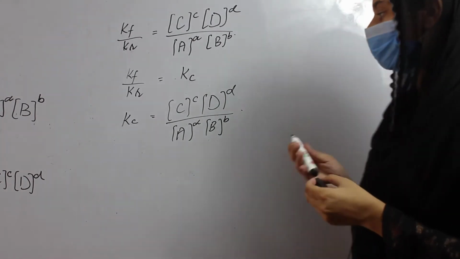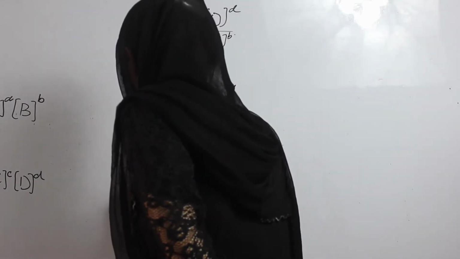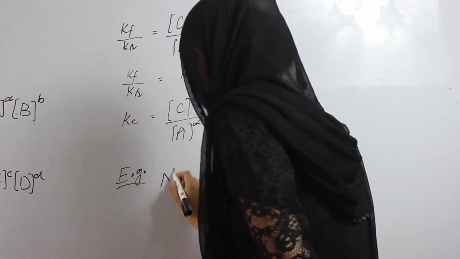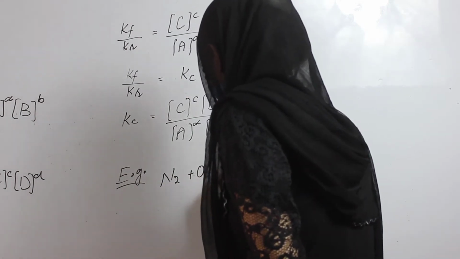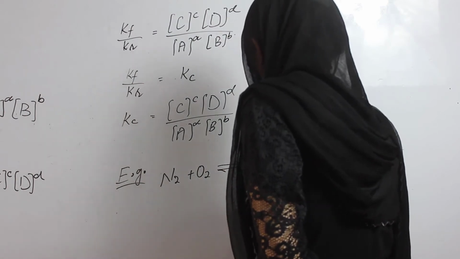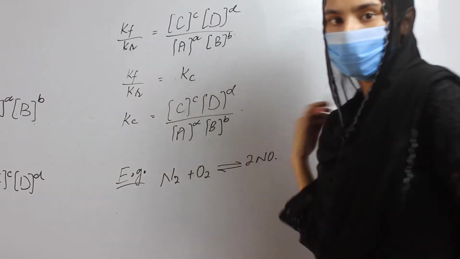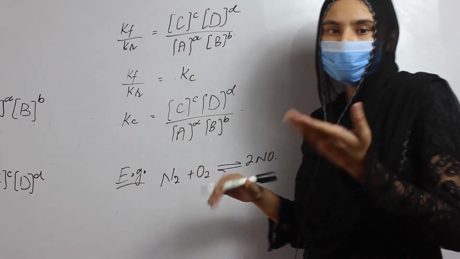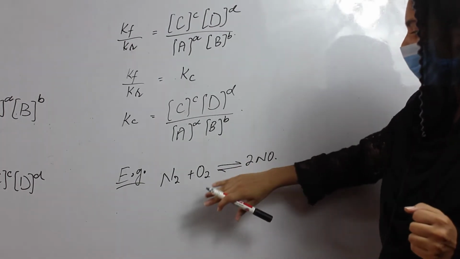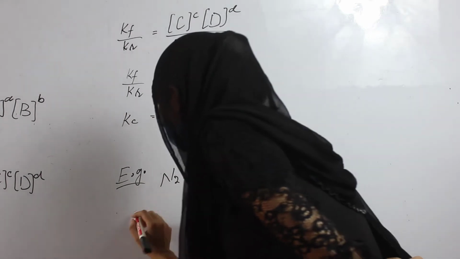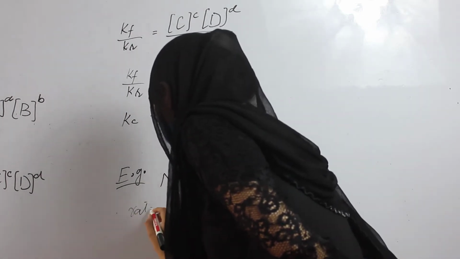Now we are doing some examples. The first example is that when nitrogen reacts with oxygen gas, they form two molecules of nitrogen oxide. If anyone asks us how we can derive the expression, first of all you calculate the rate of the forward reaction.